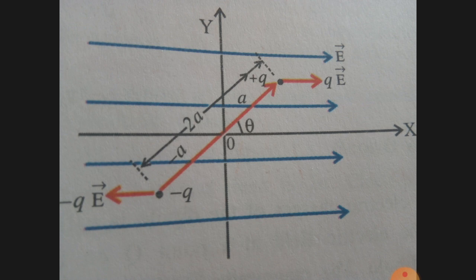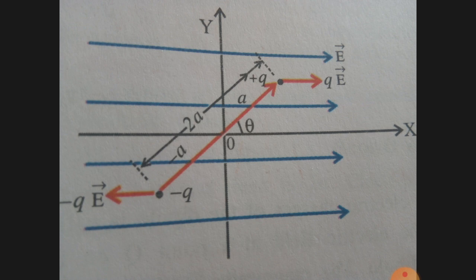For a uniform external electric field, the field lines are mutually parallel and equidistant. So while drawing the diagram you have to take care of this. Now this dipole makes an angle theta with the positive x-axis, that is along the direction of vector E. The electric field is along the positive x direction.